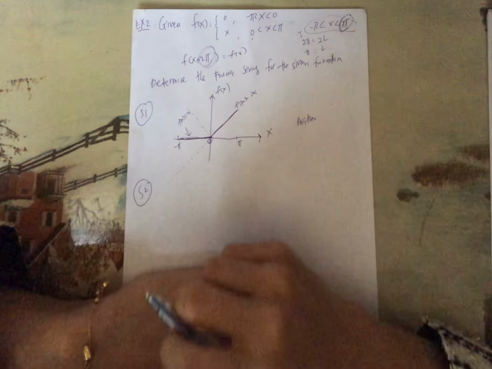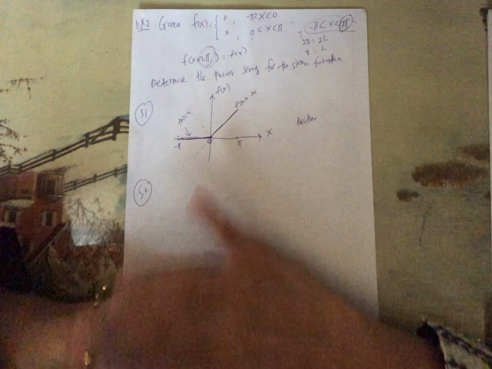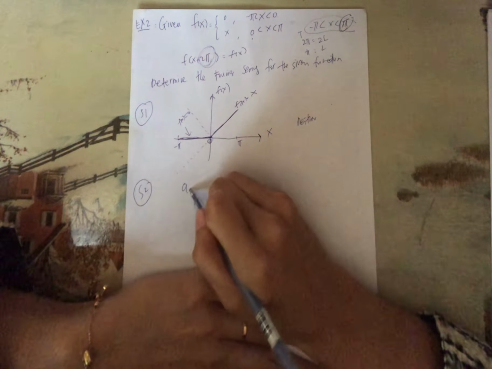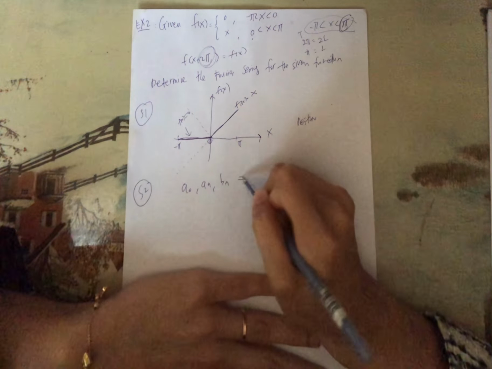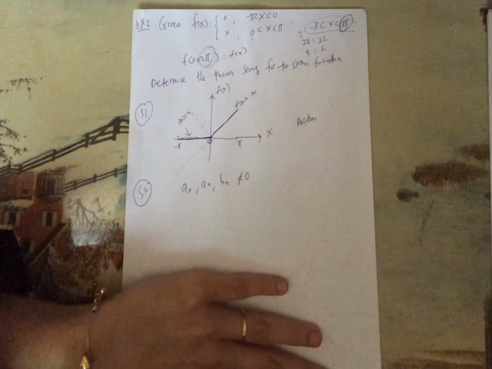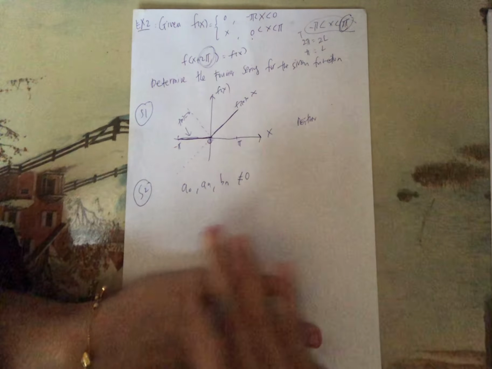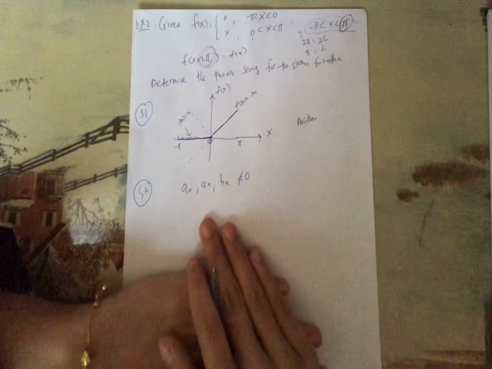It means that they have no zero coefficient. What I mean here is your a naught, your an, your bn are not equal to 0. Maksudnya ataupun dengan kata lain, you need to calculate all these Fourier coefficients. You need to calculate all.